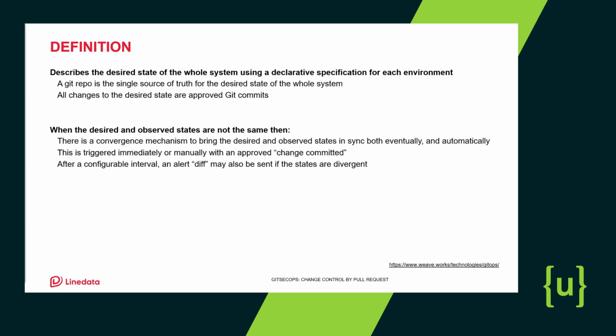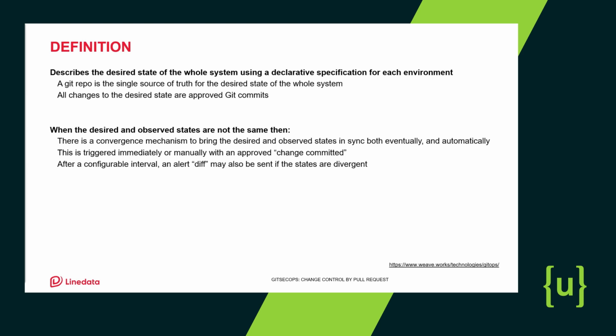Once you have that difference between observed and desired, there is a convergence mechanism that brings the desired and observed states in sync, both eventually and automatically. And this can be triggered immediately or manually when an approved change is committed.